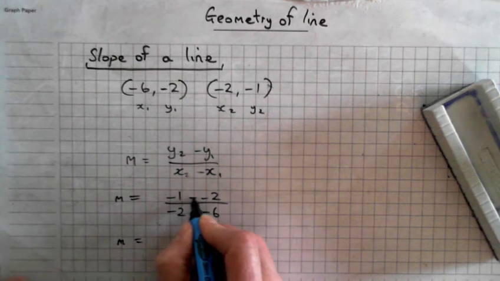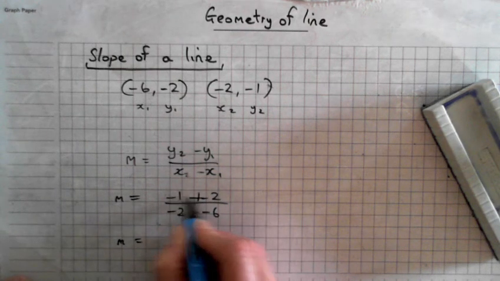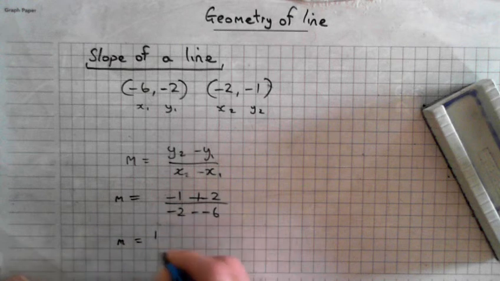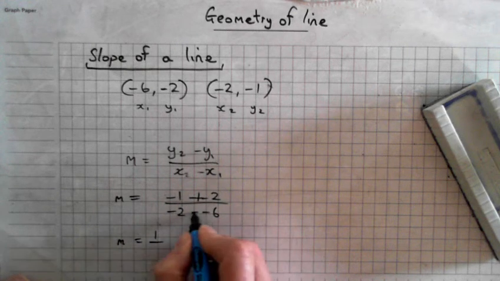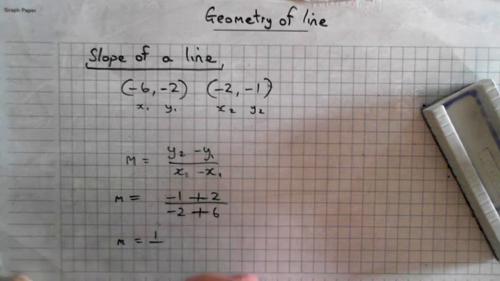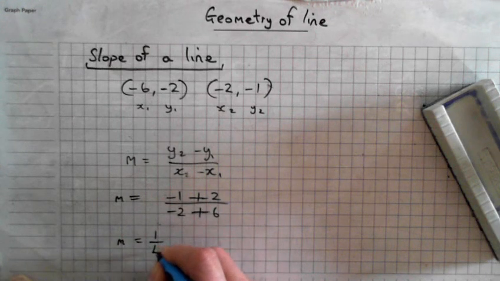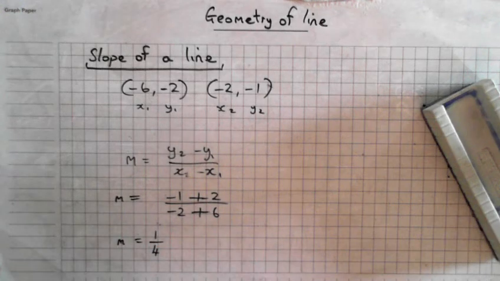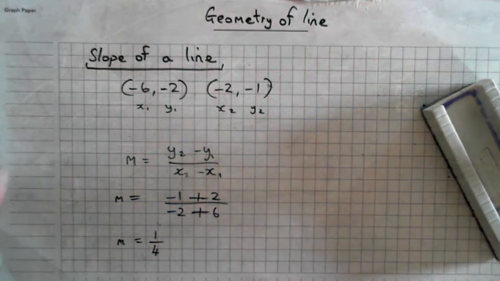So the minus and the minus here becomes a plus. Minus 1 plus 2 is 1. And then here, minus and minus becomes a plus. Minus 2 plus 6 is 4. So m, the slope, is a quarter. Alright? Again, is that okay?